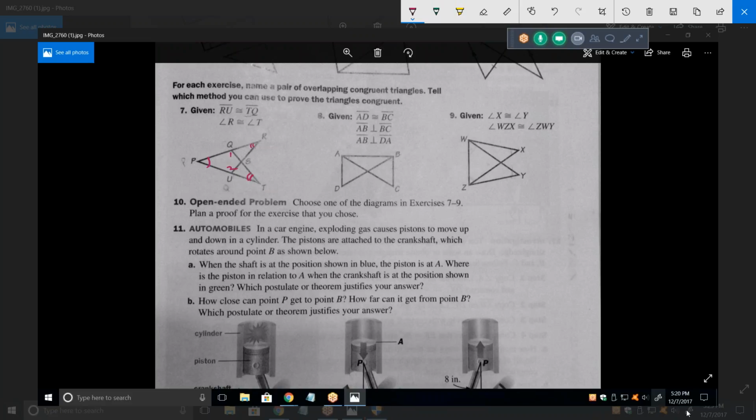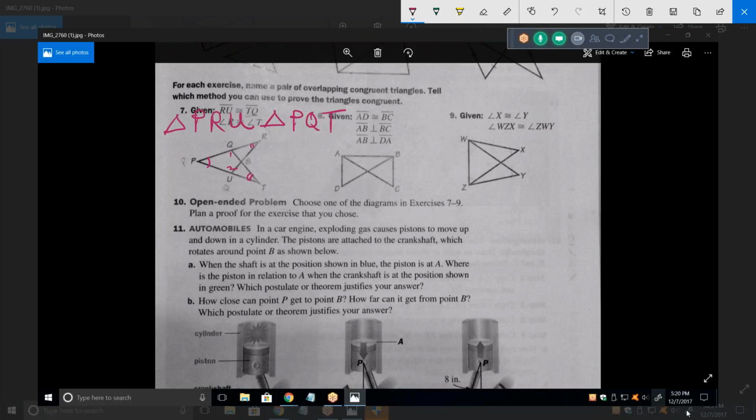So I can use angle, angle, side as long as I know it's the corresponding side. I don't even think I have to prove that 1 is equal to 2. Each of those is the third angle in their respective triangles. Remember, our triangles are PRU and PQT. Those are the two overlapping triangles that we're trying to prove congruent.